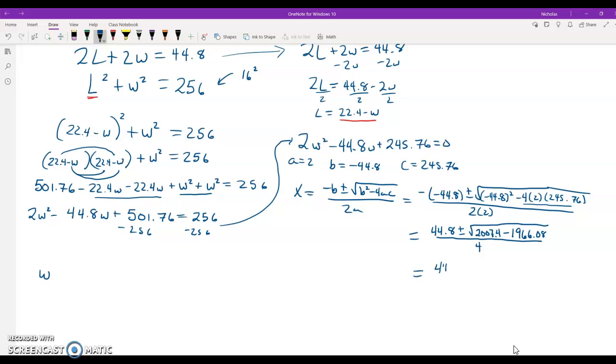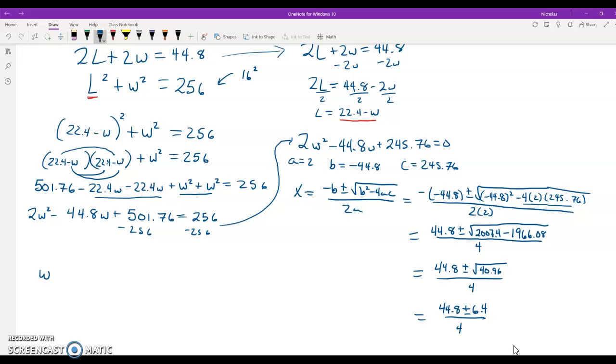So 44.8 plus or minus square root of 40.96 over 4. We're getting there. All right, let's square root 40.96. Square root of 40.96 is 6.4. So 44.8 plus or minus 6.4 over 4.